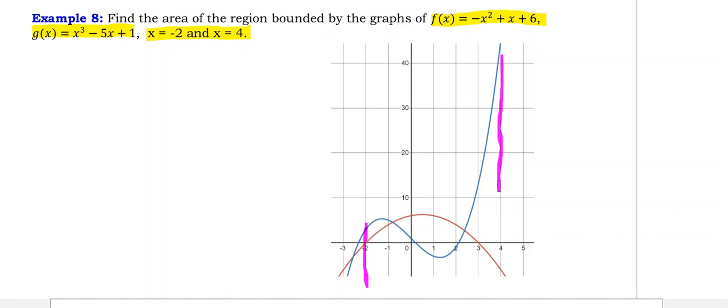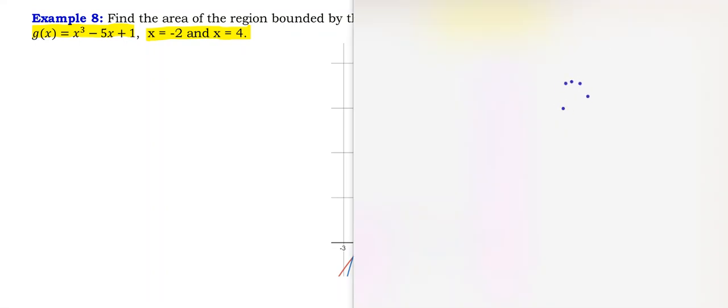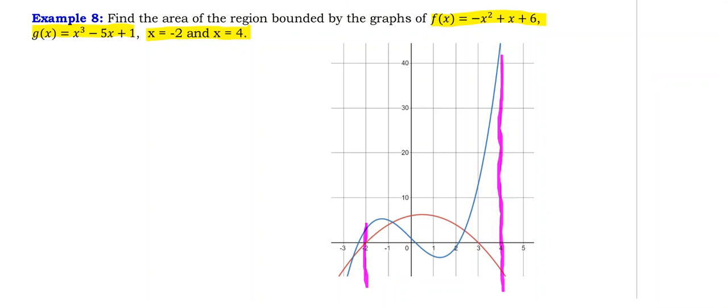Well, what we have here is three separate areas. We have the area in here, ending at this point, which we're going to have to determine using Desmos.